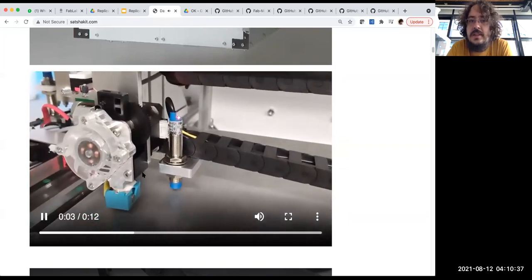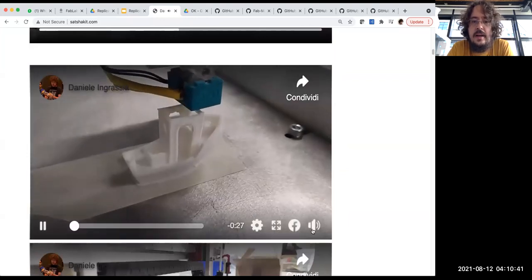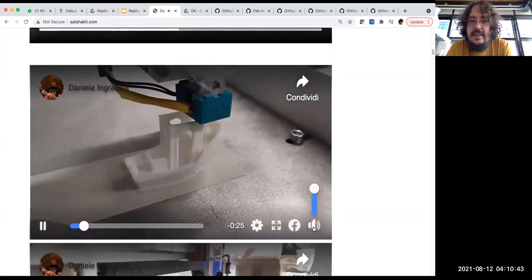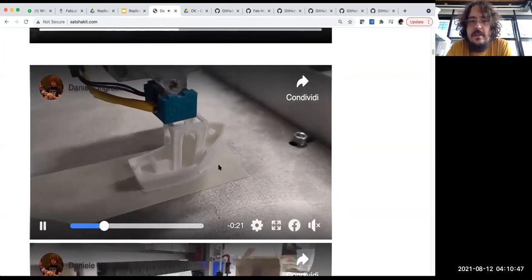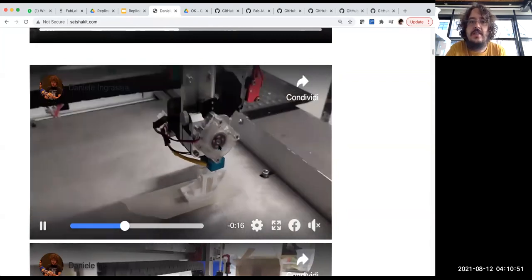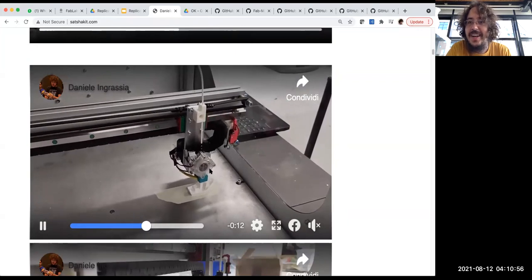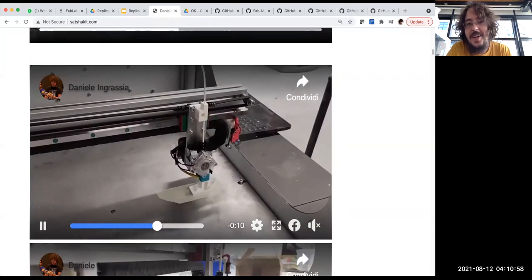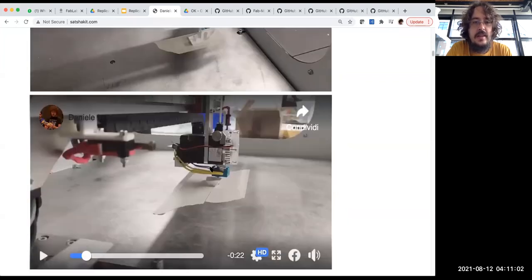I will do this with Marlin, with the standard Marlin. So, some printing examples here. This was printed at the end, guys, at the furthest point of the axis of the machine, so the shakiest point. You see where it's printing over there, and it's still, let's say, quite acceptable as a result. And here there is another print.